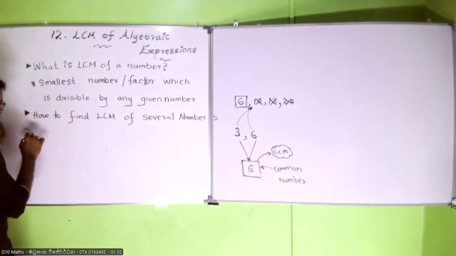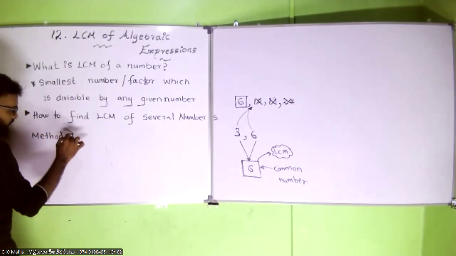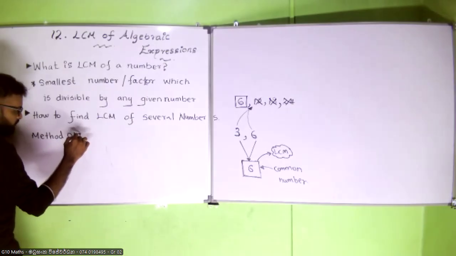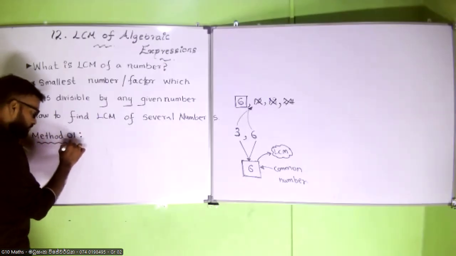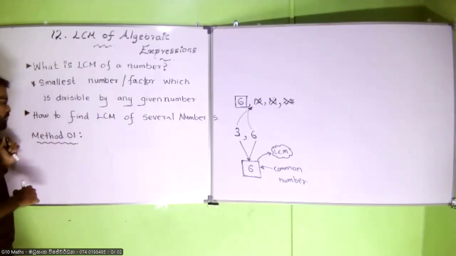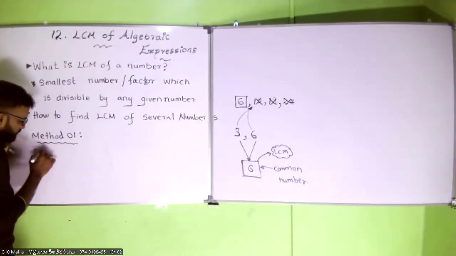Method 1, several numbers. We are going to discuss method 1. Actually, I am not supposed to give these things, but you should know it. Method 1: write each number as a product of its factors.